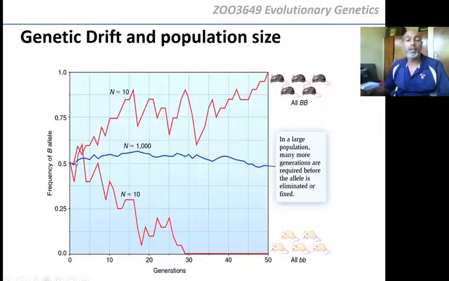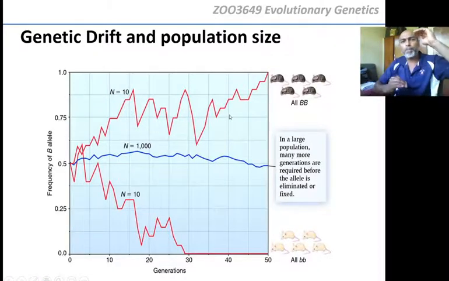Let's take one of these red lines. In one case, it goes up, up, up, up. Suddenly it comes down, goes up, suddenly comes down, up, down, up, and eventually goes all the way up. You see how this curve has sharp changes. That's because the population size is small. N is equal to 10 here. So the population size is so small.